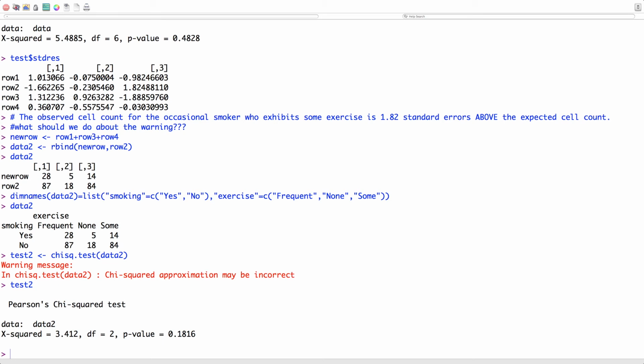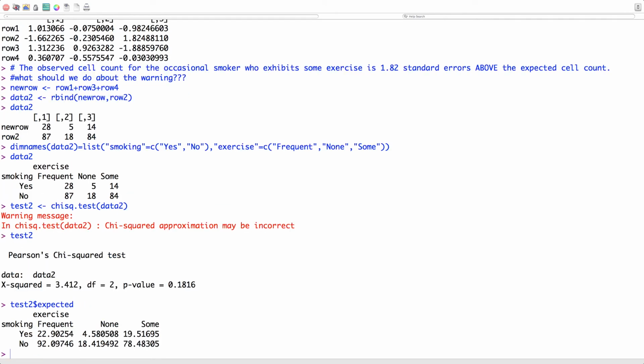So let's go ahead and get the expected cell counts. So I have test 2, $expected, and I'm expecting something under 5, yeah, barely. So guys, we gave a good effort.